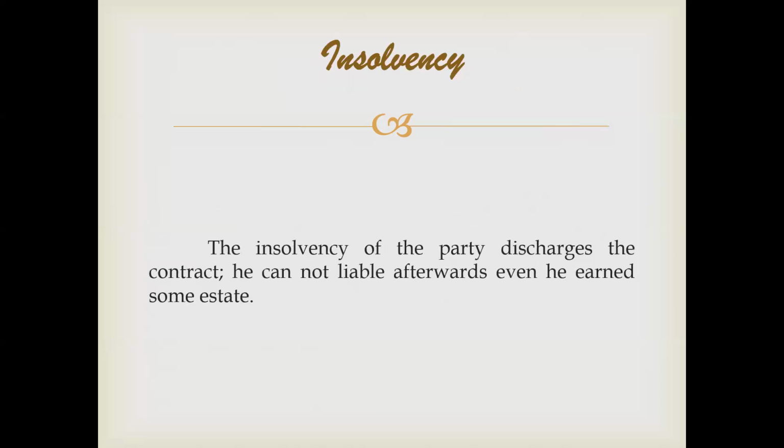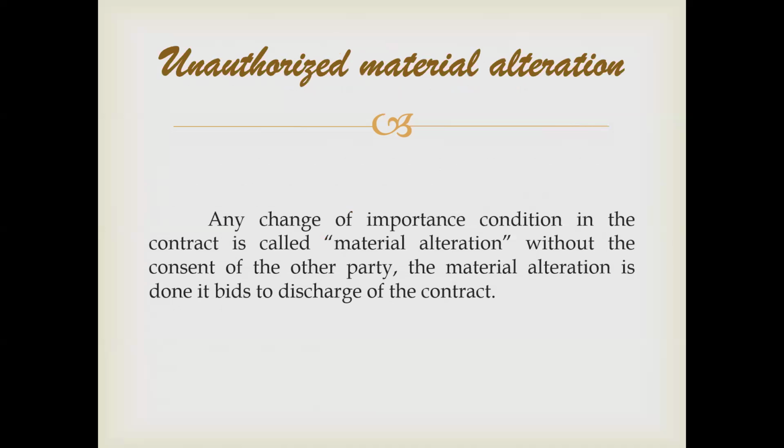Next one, insolvency. The insolvency of a party discharges the contract. He cannot be liable afterwards, even if he earns some estate. Unauthorized material alteration: any change of important conditions in the contract without the consent of the other party is called material alteration.